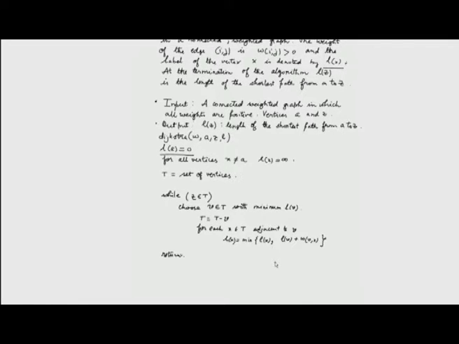So, let us see what happens. Our starting set of vertices is a set of all vertices, and then among that in T we find the vertex with the smallest label, and we choose it and then we delete it from T. So, then we will get a set of vertices other than that vertex that we have deleted.